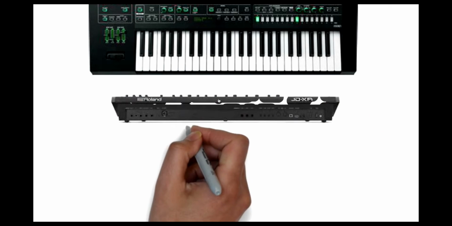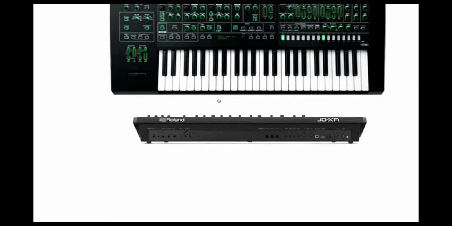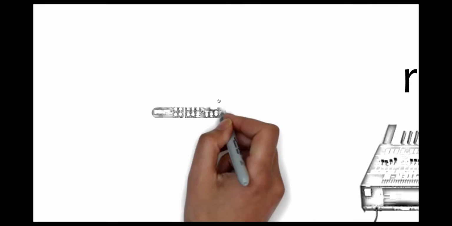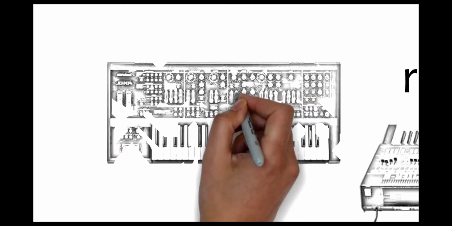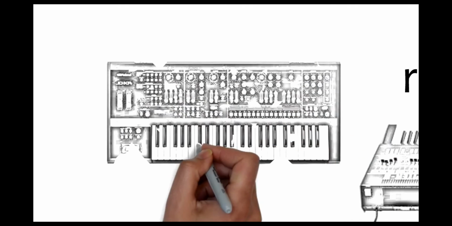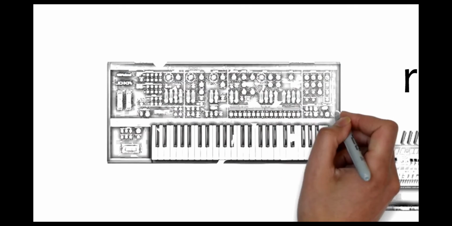And as we can see on the back, the Roland setup is integral to the whole live system setup. So most things that are controlled by MIDI can be connected to each other.